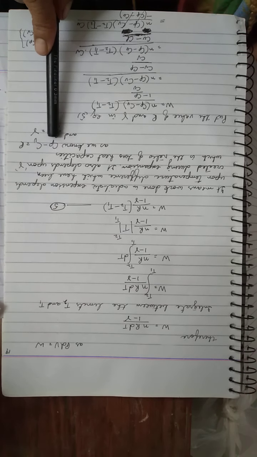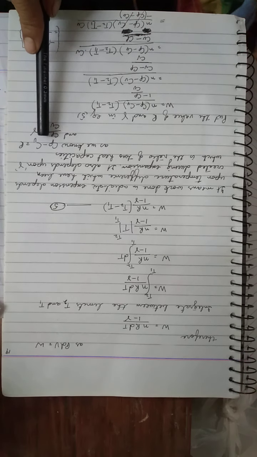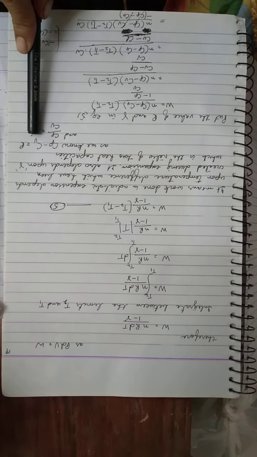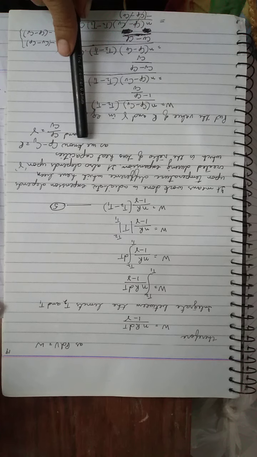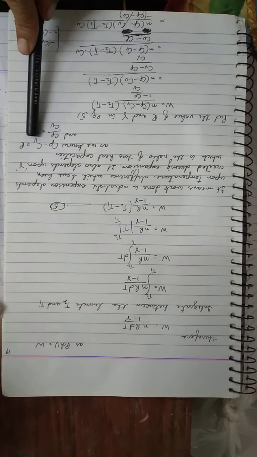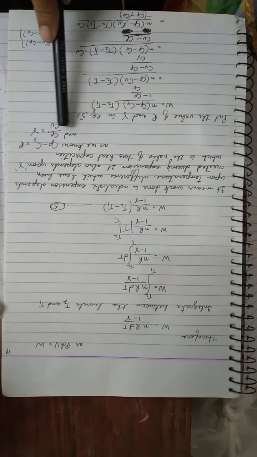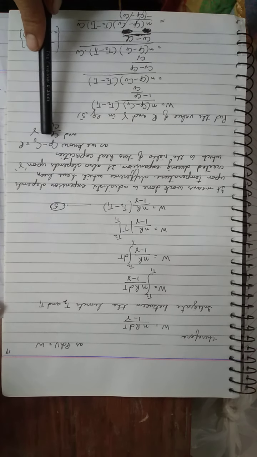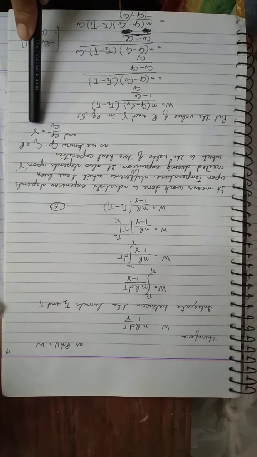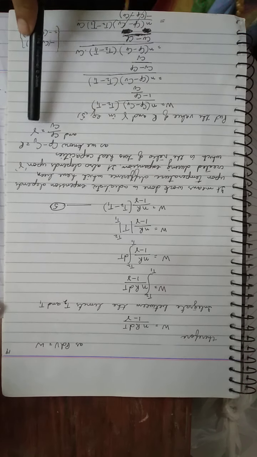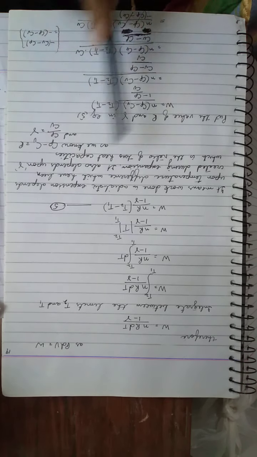Cp is the heat capacity at constant pressure, and Cv is the heat capacity at constant volume. As we know, we have solved this equation: Cp minus Cv is equal to R. And similarly, we also know Cp by Cv is equal to gamma. Put these values in equation number 5.